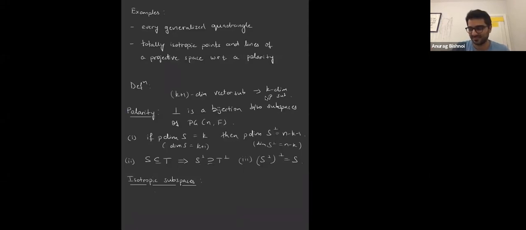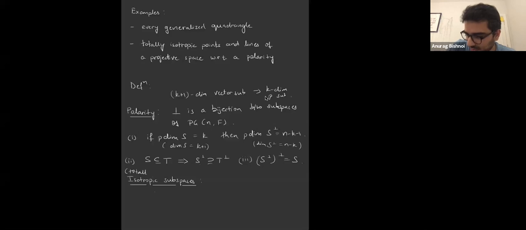Okay, yeah. Now, whenever you have a polarity of any projective space, there's a very natural notion that people defined to study these polarities, which is that of an isotropic subspace. Maybe I'll only define what we need.